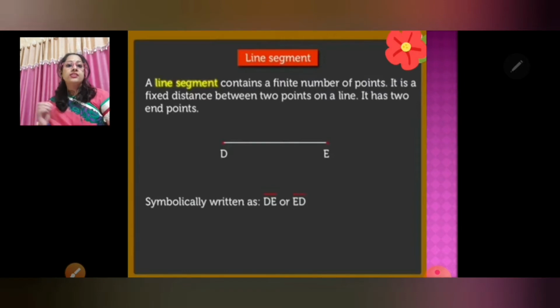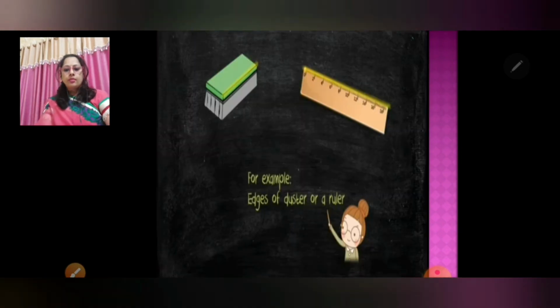It is a fixed distance between 2 points on a line. It has 2 endpoints, and symbolically it is written as line segment DE or ED with the symbol of a line segment on the top. The edge of a ruler and the edge of a duster are perfect examples of a line segment, as they have 2 endpoints and a definite length.